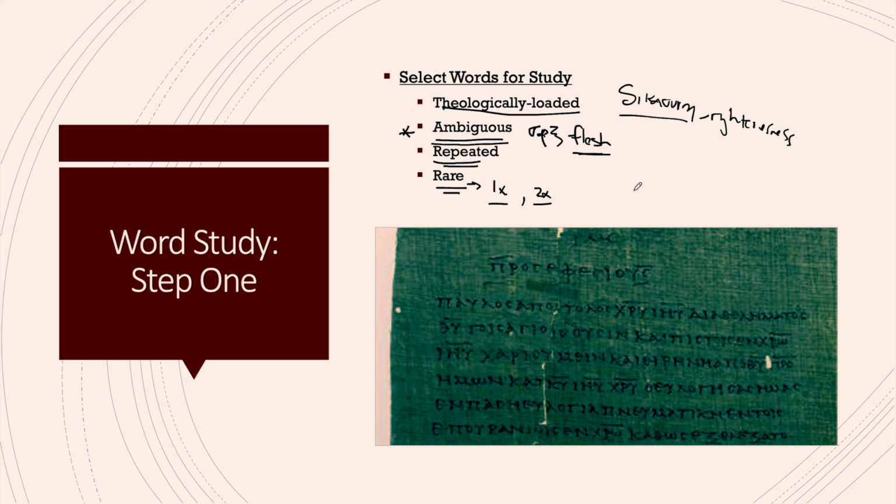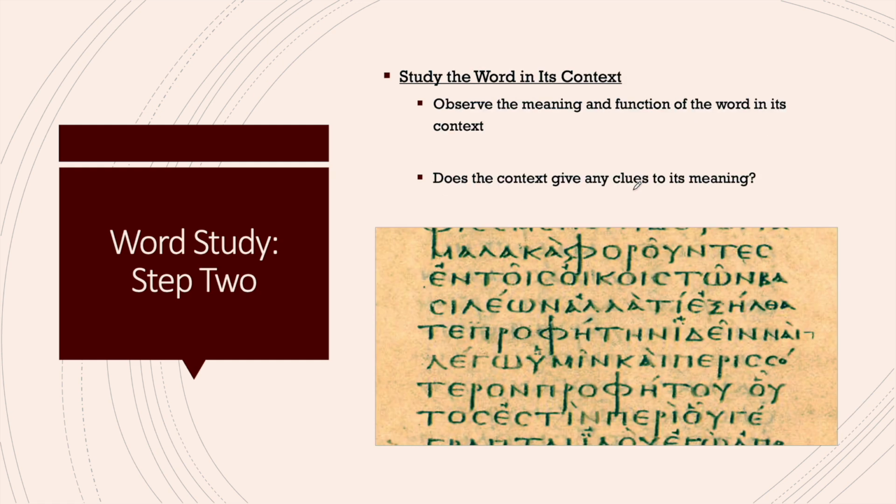So after you've got your list of words you want to look at, go back to the context. And again, I'm always a fan of looking at the context and looking for clues within the context. So observe the meaning and most of all what the function of the word is in its context.